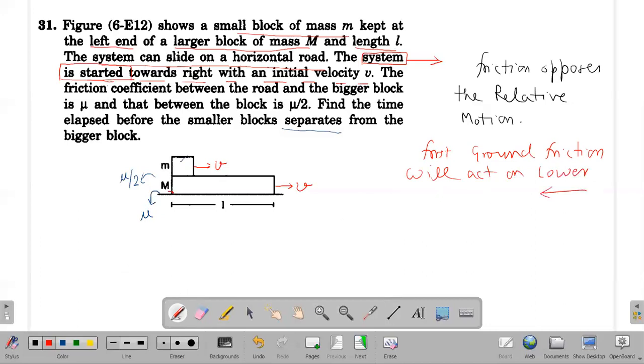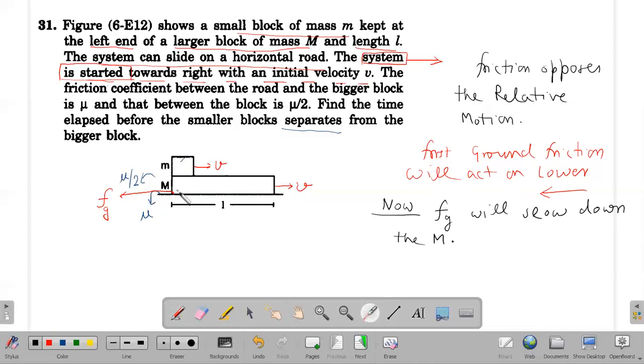It is Fg, F for friction and g for ground. After the ground friction acts on the lower block, it will slow down the lower block. It will reduce the speed of the mass capital M.